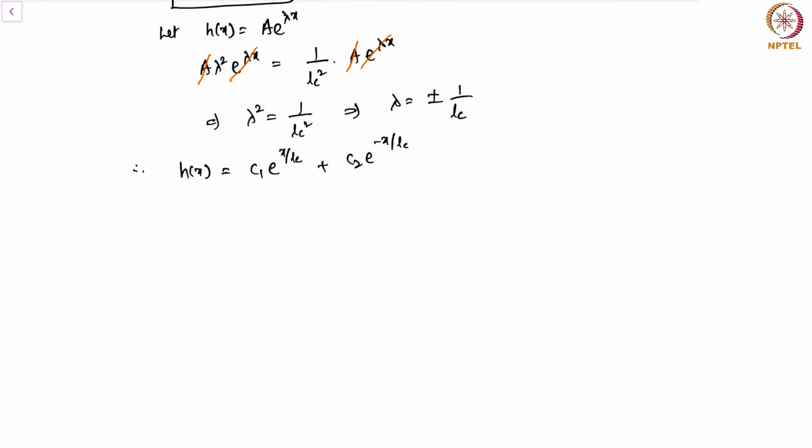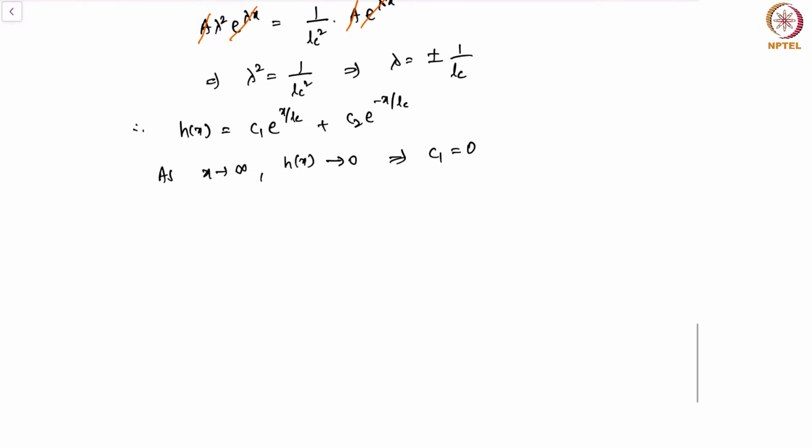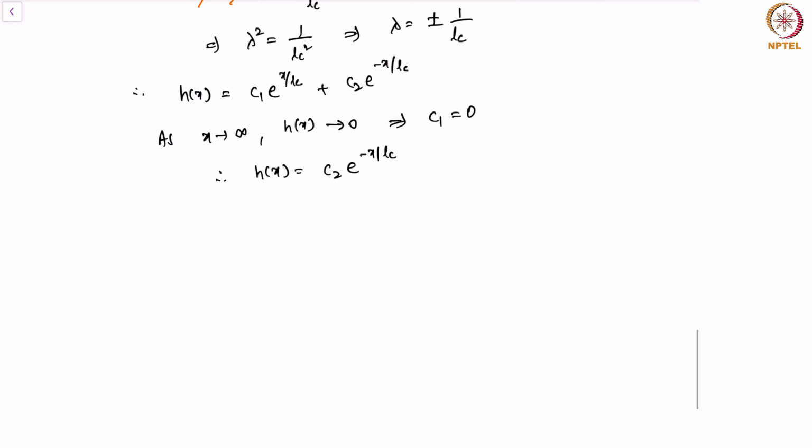Now, if you use the boundary conditions, it says that as x goes to infinity, h of x goes to 0, and this essentially implies that the first constant, the growing solution, goes to 0. The growing solution cannot be allowed, therefore c1 has to be 0. And therefore I have h of x is some constant, we'll call it c2, e power minus x by LC, right?